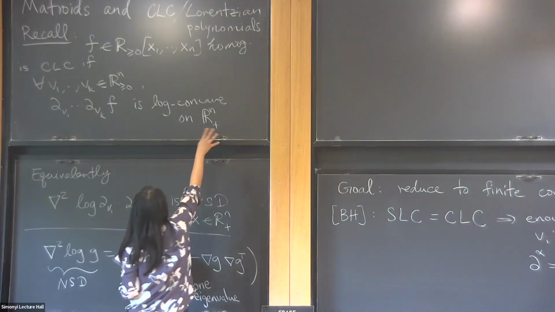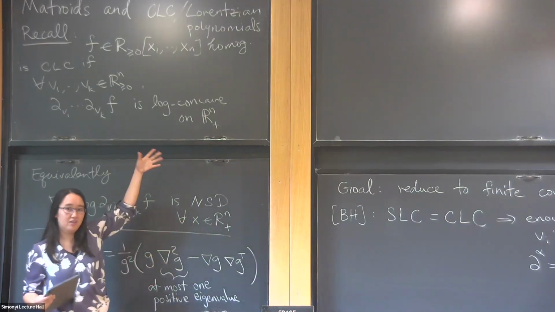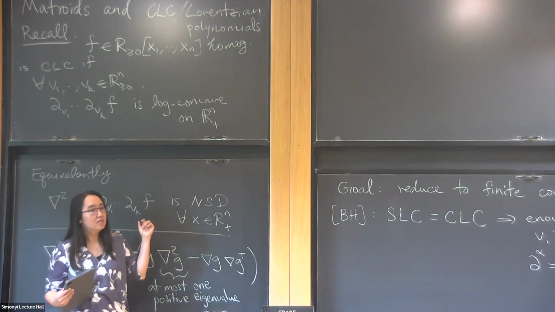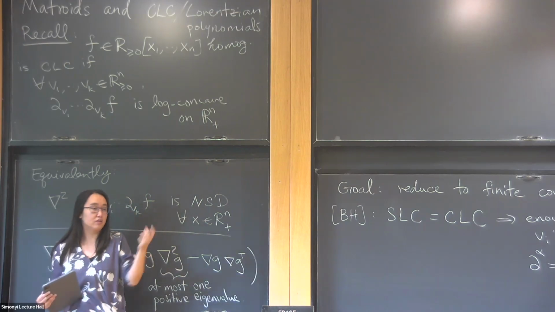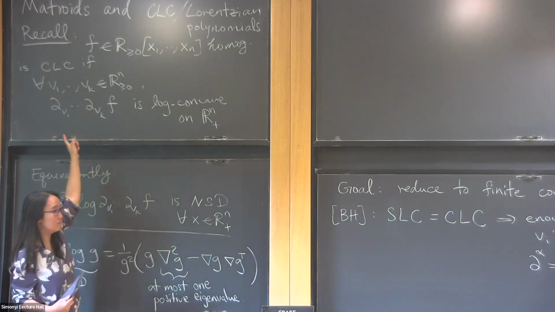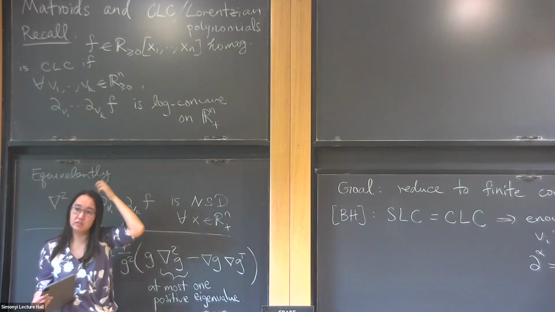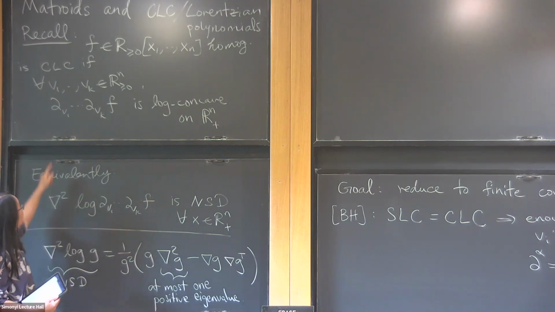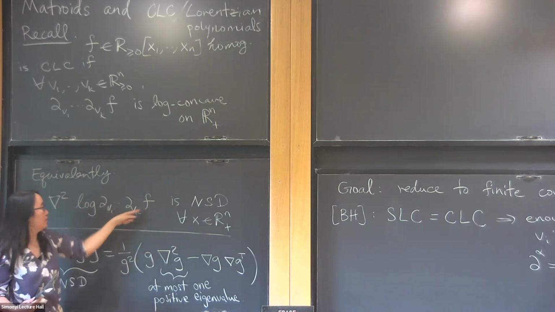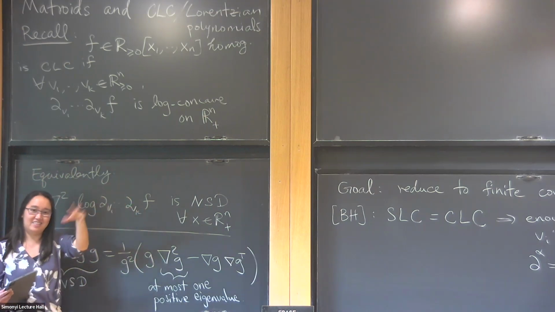We still have to deal with log-concavity on all of the positive orthant. So there's a special case. This is a finite check. When my polynomial, or the partial derivative, is degree 2, quadratic, then this Hessian is a matrix with constant entries.